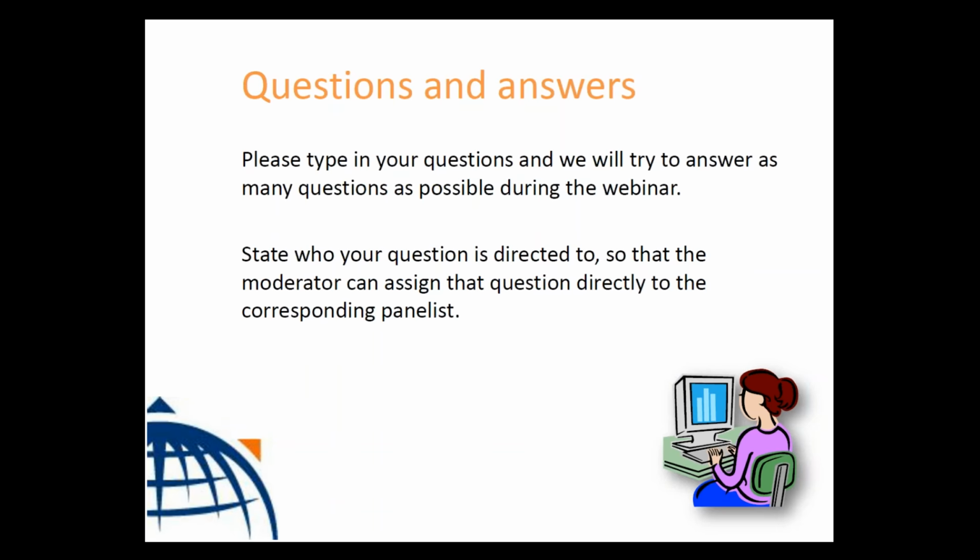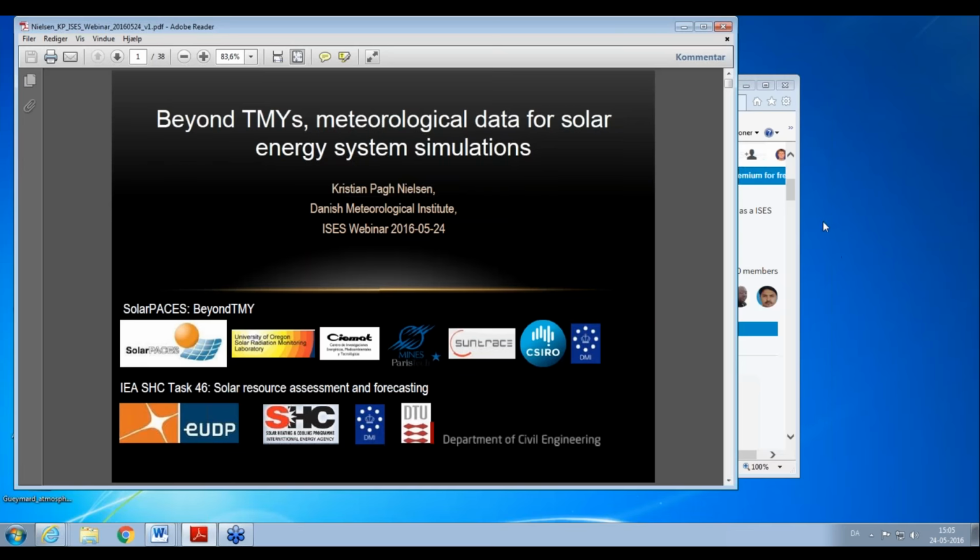He received the Norwegian Doctor of Scientific degree in physics from the University of Bergen in 2005, and he now works as a meteorologist at the Danish Meteorological Institute, focusing on numerical weather prediction and solar resource assessment. The title of his topic is Beyond Typical Meteorological Years, Meteorological Data for Solar Energy Systems Simulation. Kristian, please, let's look forward to hearing your presentation.